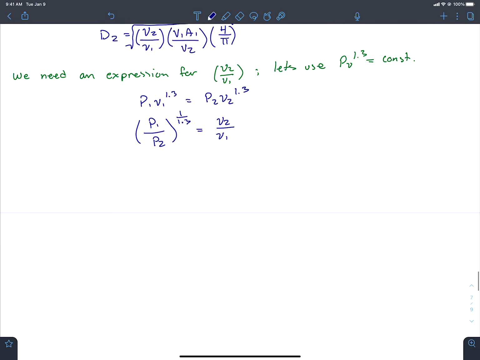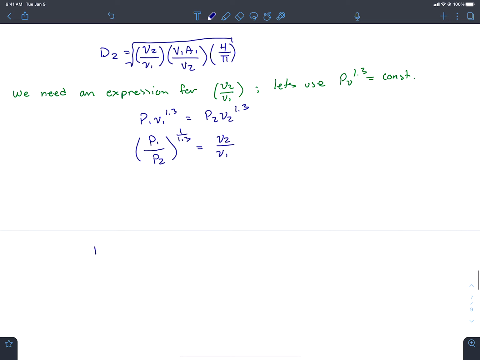So now we can rewrite the expression for d2. So d2 now equals P1 over P2 to the 1/1.3 times V1 A1 over V2 times 4 over pi.